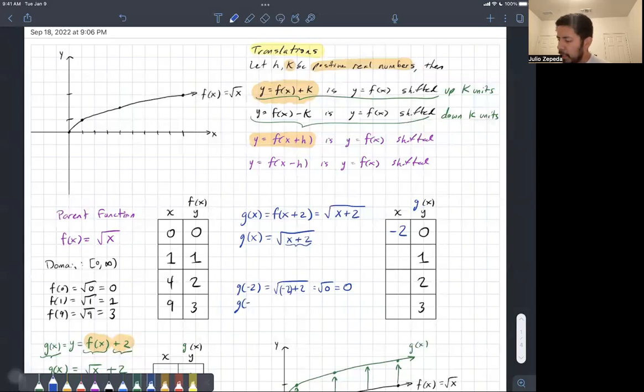I would need to plug in -1 because the square root of -1 plus 2 is equal to the square root of 1, which is 1.